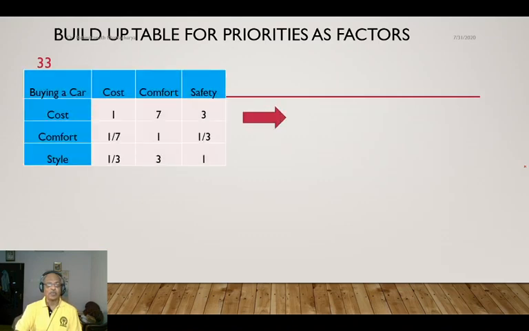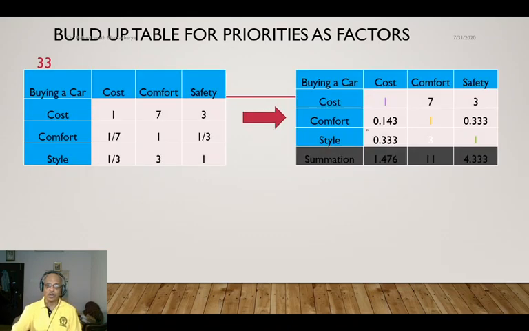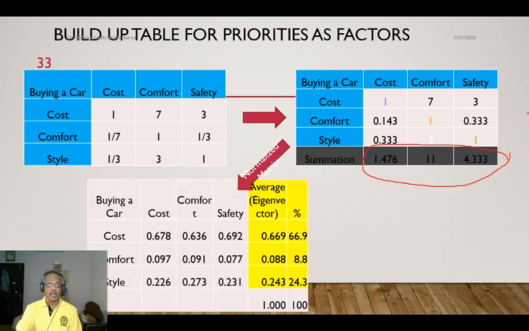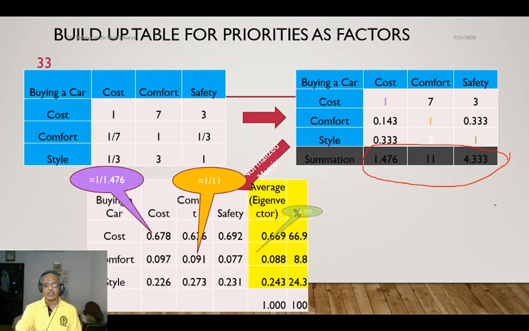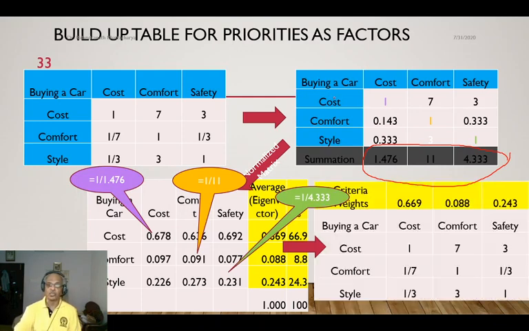For buying a car, I put the total summation here. I put the normalized matrix, that means this divided by 1.476, 1 by 1.476. So I have given these numbers and taken average values, and I've got these figures.